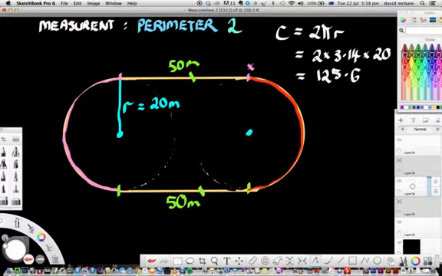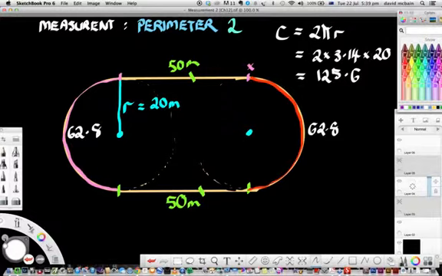But anyway, each of these sides is a half of 125.6, which is 62.8. And this one's going to be the same, 62.8. Remember, each of those is half of the circumference of the circle. Add those together, and that will add up to 125.6.